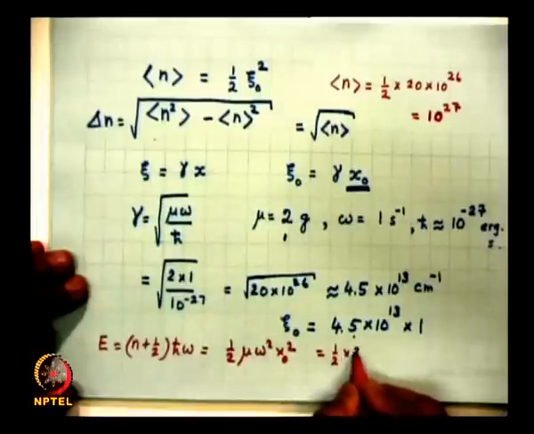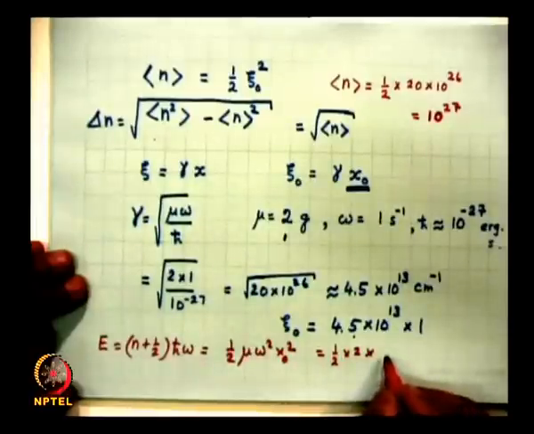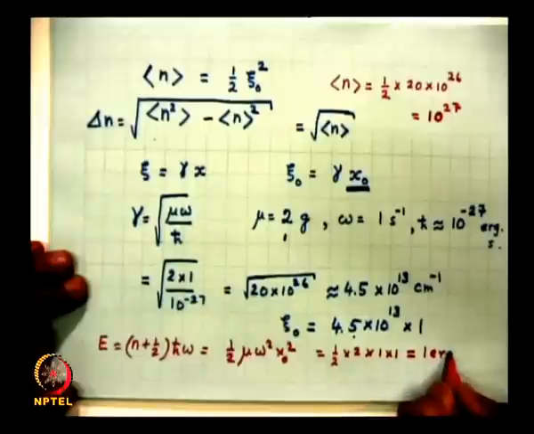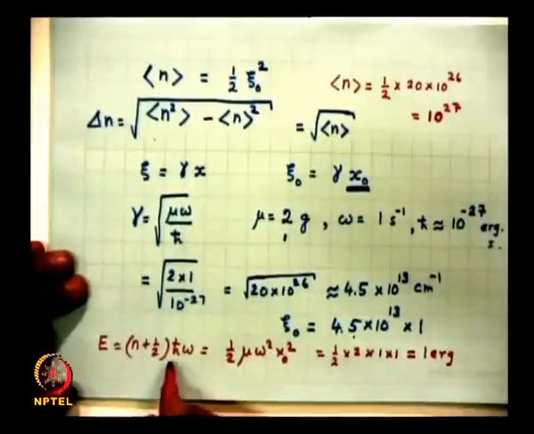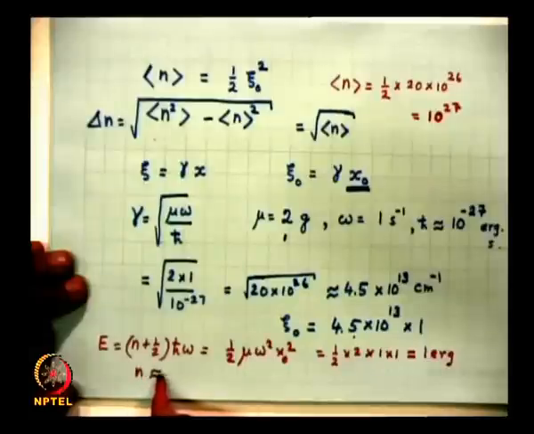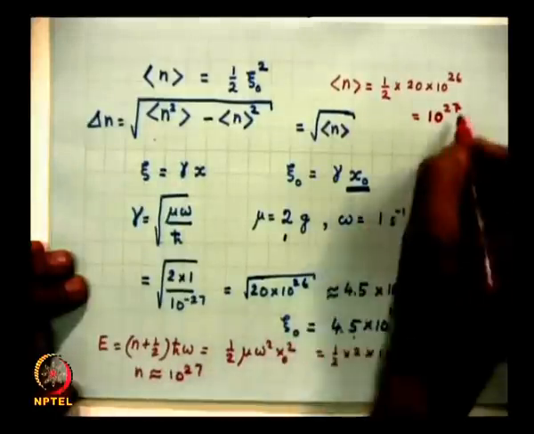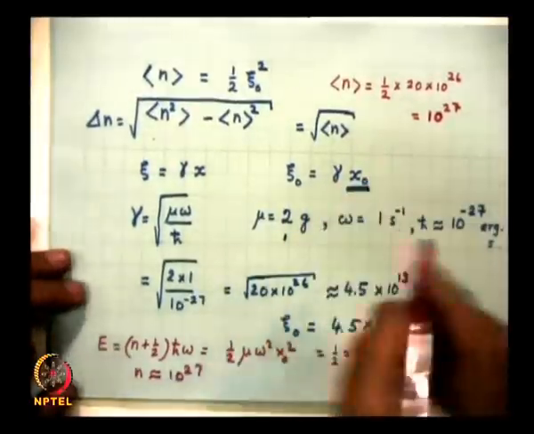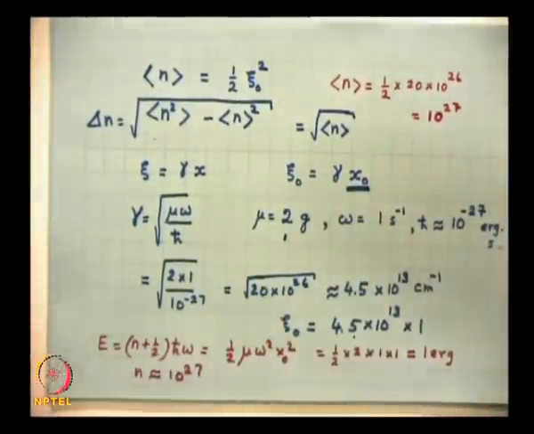So, half into 2, omega is 1 and x naught is 1. So, this is 1 erg. H cross is 10 to the power minus 27. So, n must be 10 to the power of 27, this is what we get. So, therefore, we are exciting states with very large quantum number.